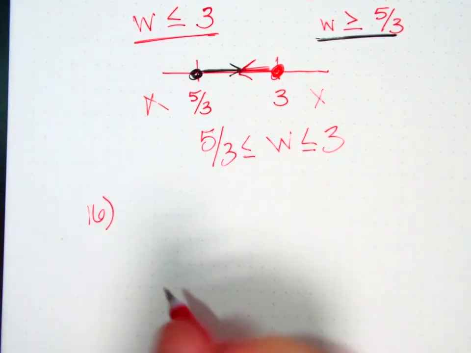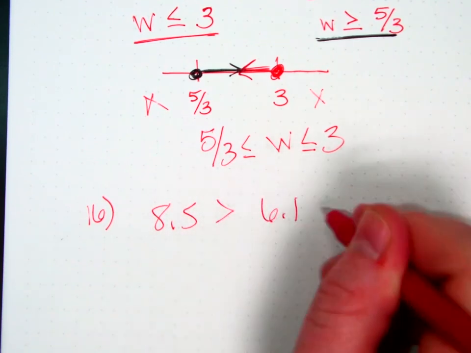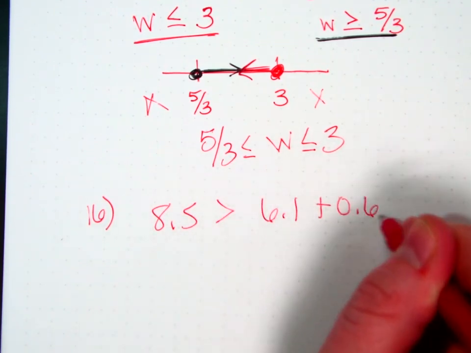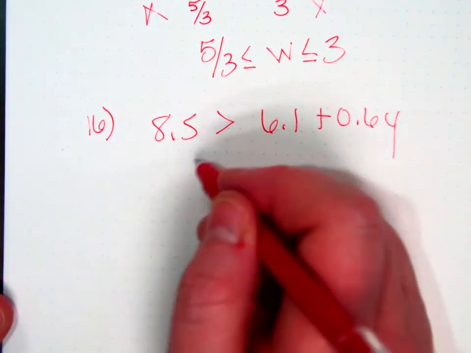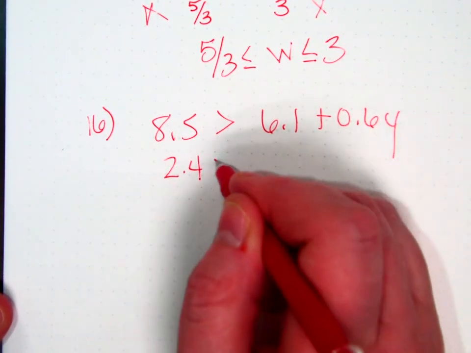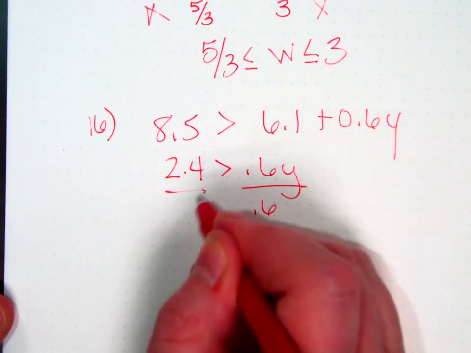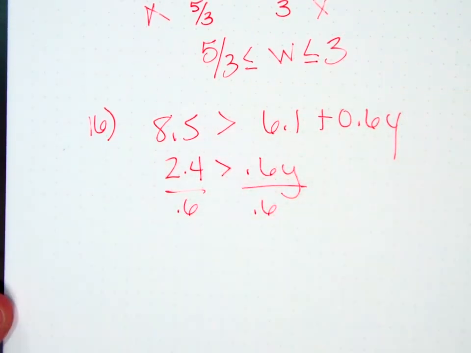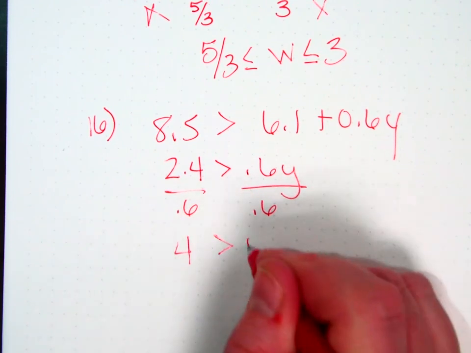Okay. 16. 8.5 is greater than 6.1 plus 0.6y. Subtract 6.1 to the other side, you get 2.4. It's greater than 0.6y. Divide by 0.6, divide by 0.6. I should know that number off the top of my head. It's probably going to be 4, but I'm not trusting myself. It's 4.